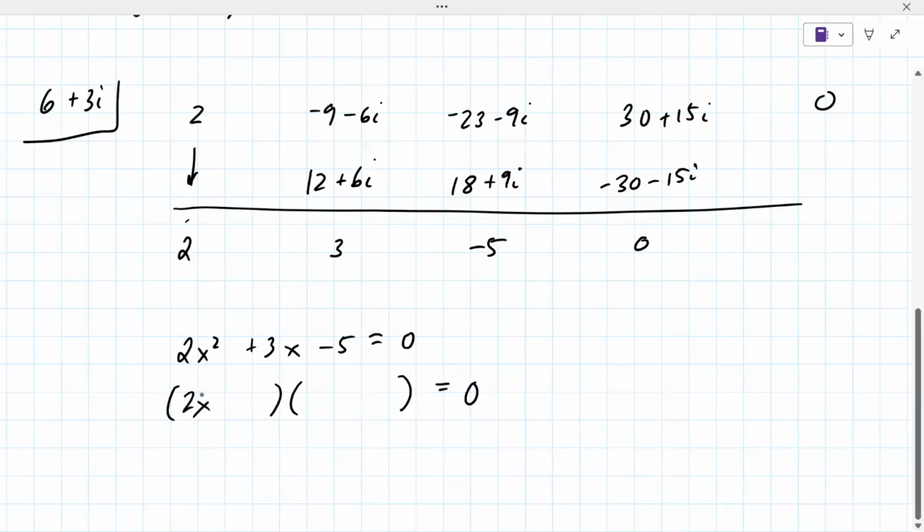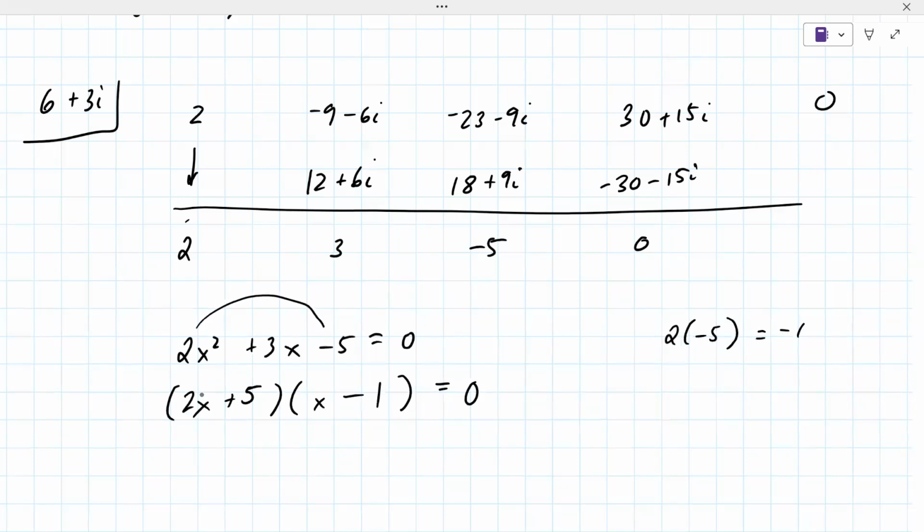Gotta be a 2x and an x for sure. It ends up being plus 5, minus 1. So if that's unclear, the way to proceed is you multiply the 2 and the minus 5. And then you find two factors of minus 10 that get you to positive 3. So that's 5 and negative 2.